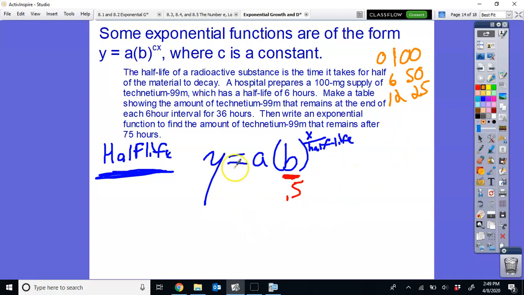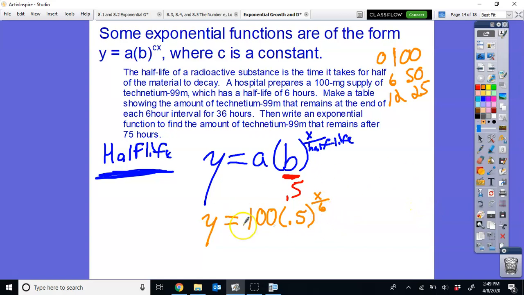But again, I've also given you a nice little setup here. If you'll pay attention to this little setup right here, it's always going to be the beginning amount, which in this case is 100. It's always going to be 0.5 when you're talking about half-life. And you just take the x divided by the half-life, which is 6 hours.